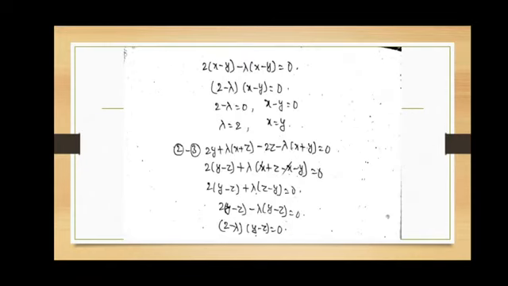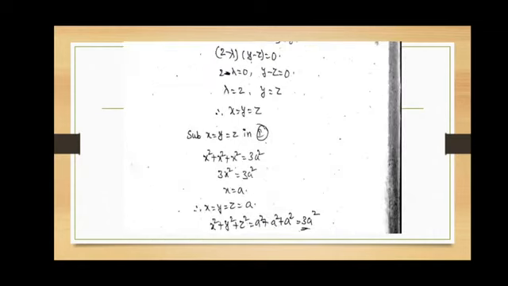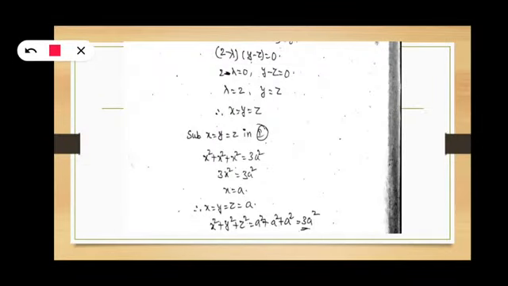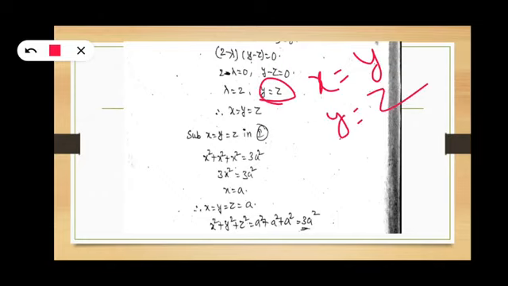Now from this, x is equal to y, and from this y is equal to z. So we write that in the previous step we got x is equal to y, and now y is equal to z. Therefore x is equal to y is equal to z.